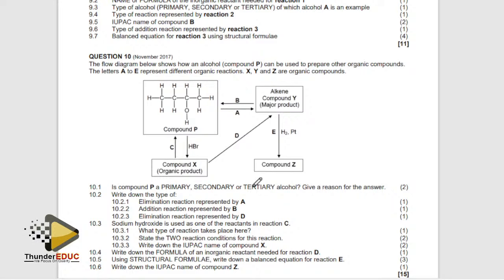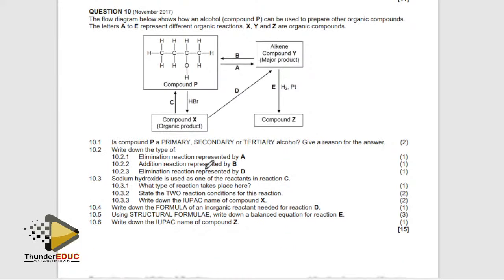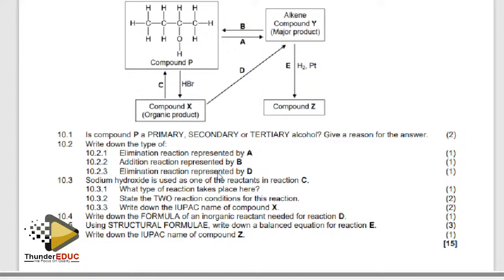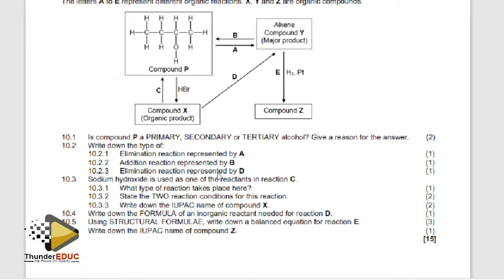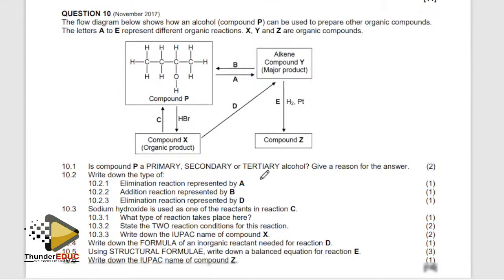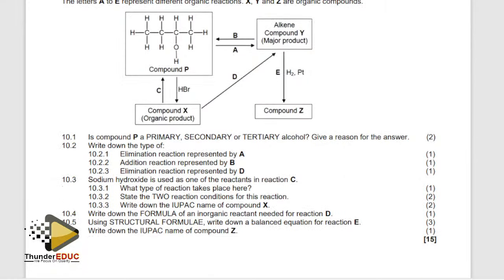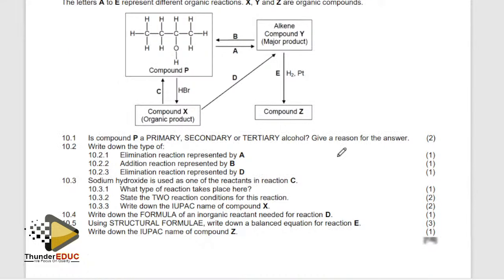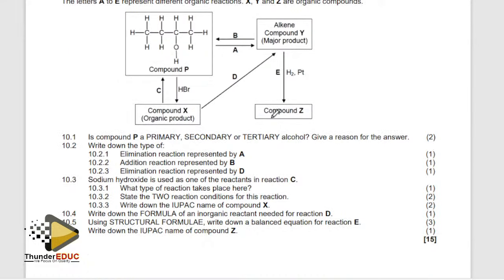Let's look at this question, question number 10. Let me make it a little bit bigger so that you see exactly. Let's cover this question, because it has everything I might need in this prediction. All right, guys, let's do this.